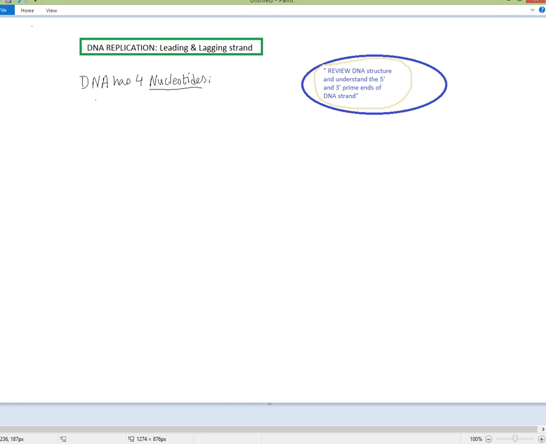Let's put it this way, three subunits. So DNA contains a sugar, which is also called pentose sugar, because it has 5 carbons in it.